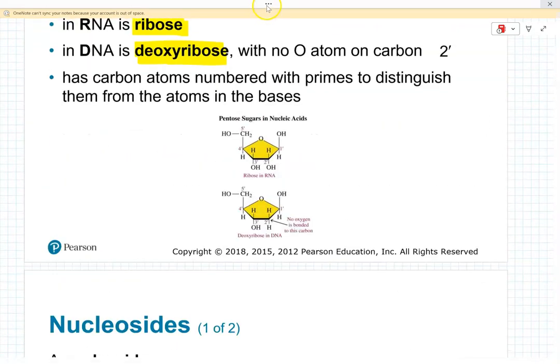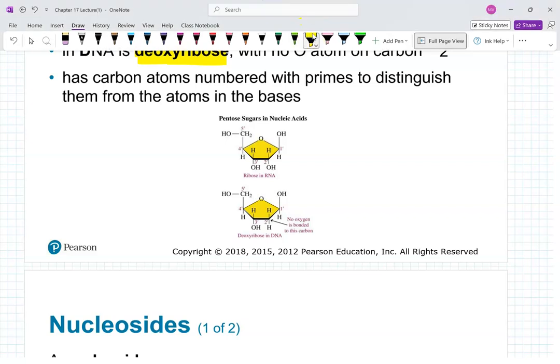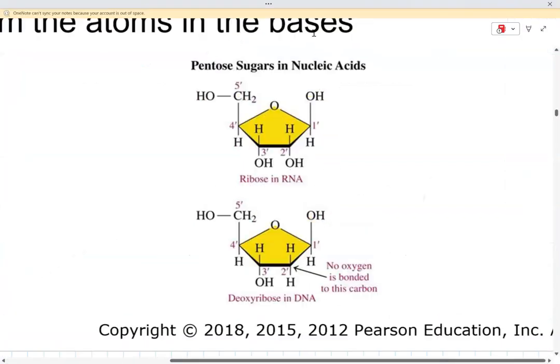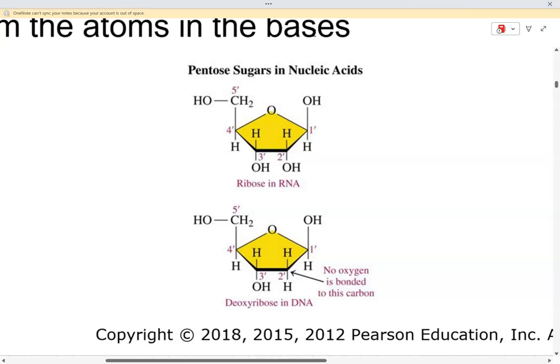So this is the comparison between the RNA and DNA. In RNA, you have this hydroxyl group in the 2 prime position. In DNA, you don't. That's it.